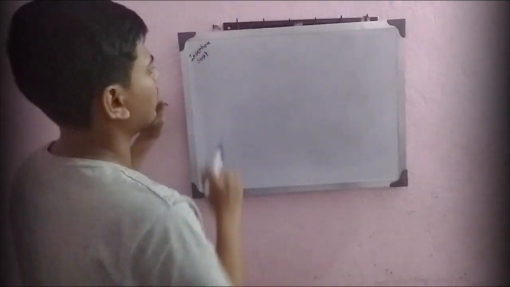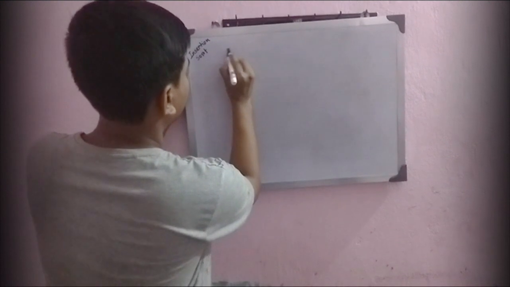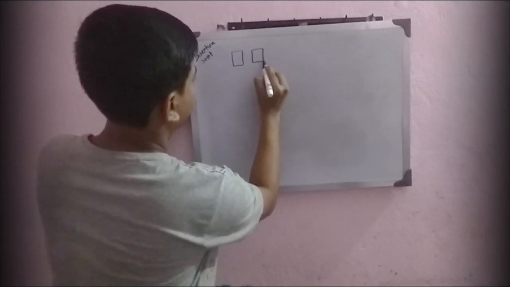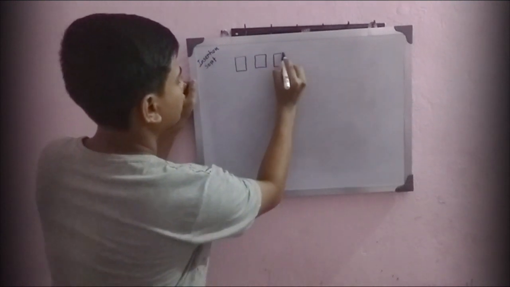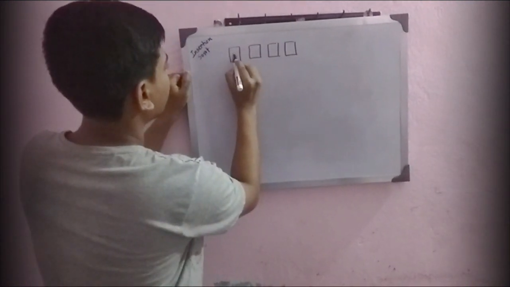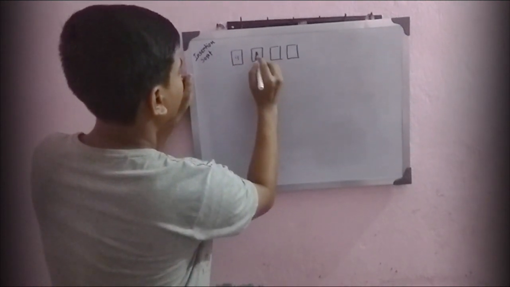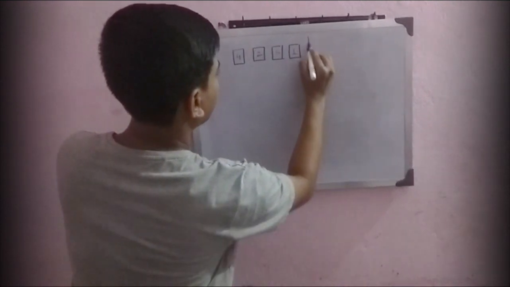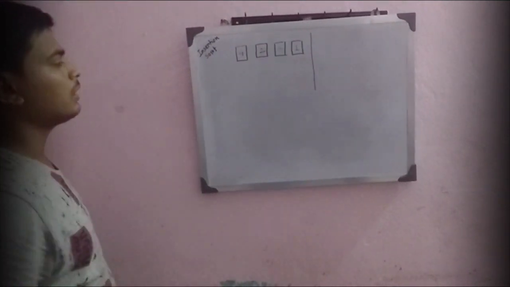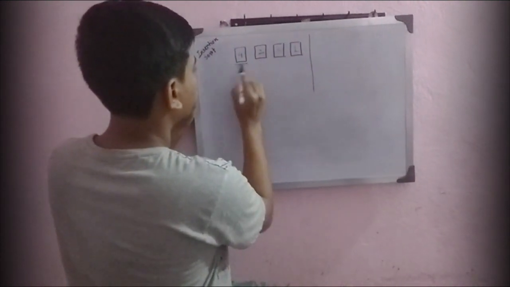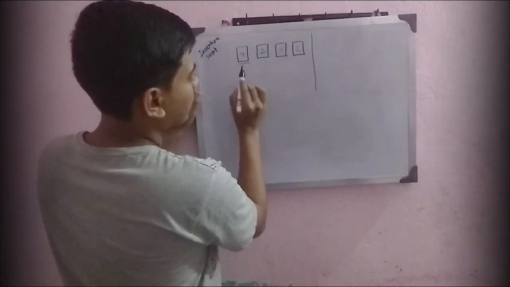So let's take a deck of cards. In the first iteration, we move the element, the card, to the right.